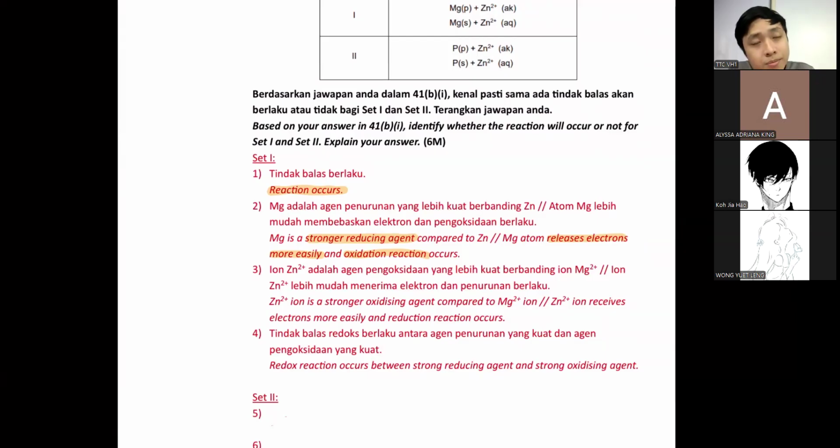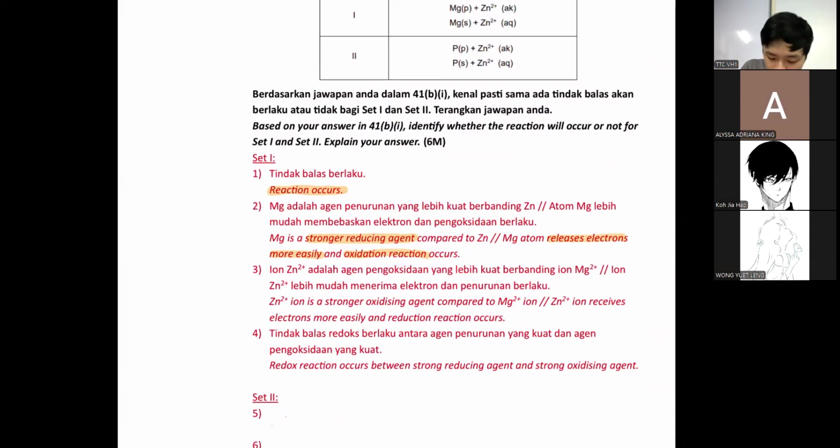For this kind of question, you can have different ways to explain your answer. That's why you see slashes. You can either say Mg is a strong RA, or you can say Mg can donate electrons easily and oxidation reaction occurs.